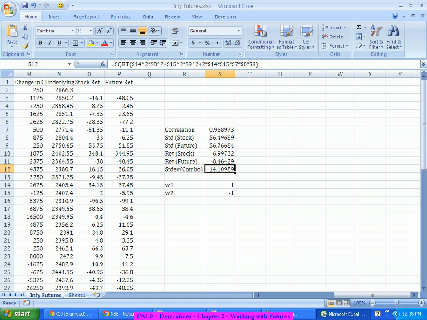Now this is my risk. So 56 has gone to 14. But that may not be the area which I am looking at. I want it close to zero. To whatever extent it is possible, if it can go down to zero, that is much more acceptable for me, which is like almost no risk kind of a scenario.